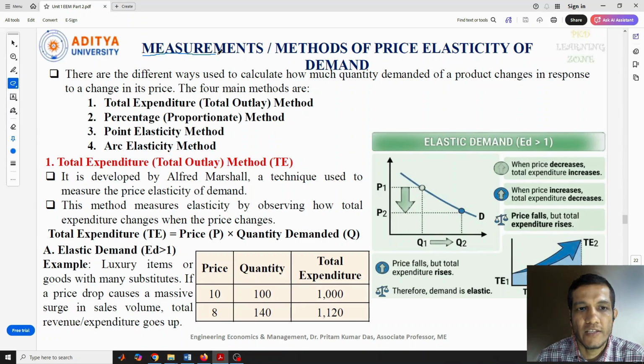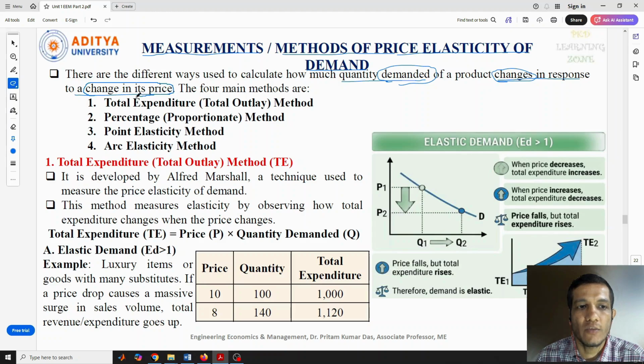In our last few lectures, we discussed the elasticity of demand, and in this lecture we will see what methods of price elasticity of demand are available. There are different ways to calculate how much the quantity demanded of a product changes in response to a change in its price.